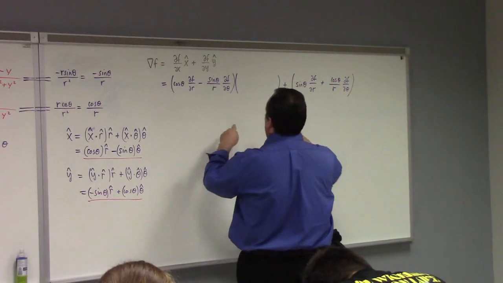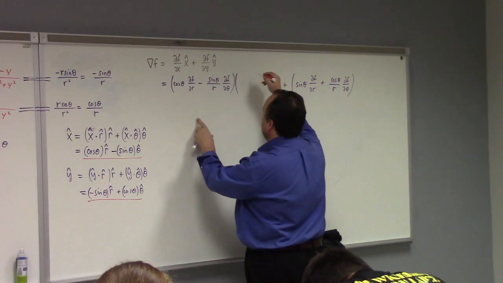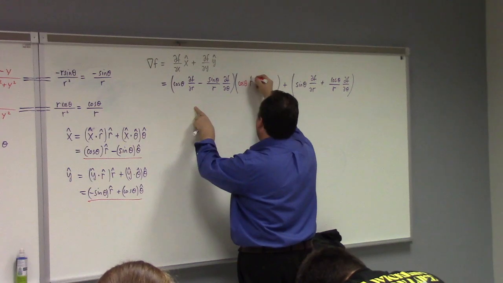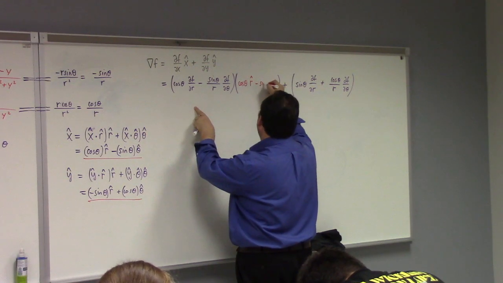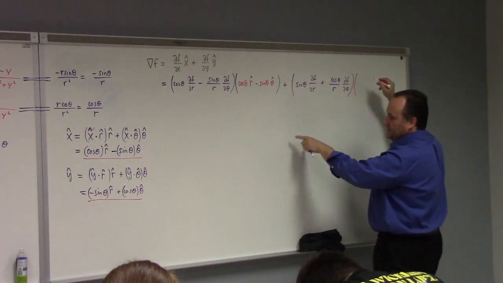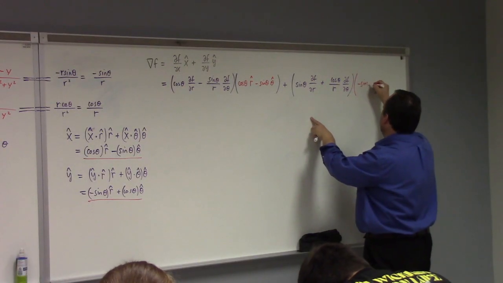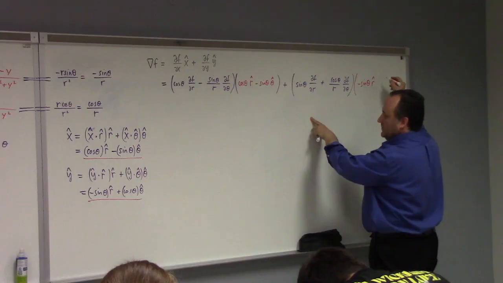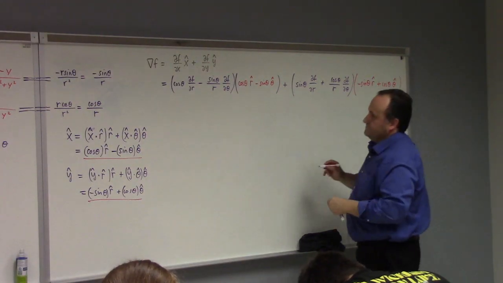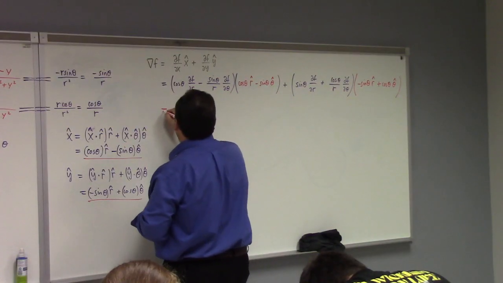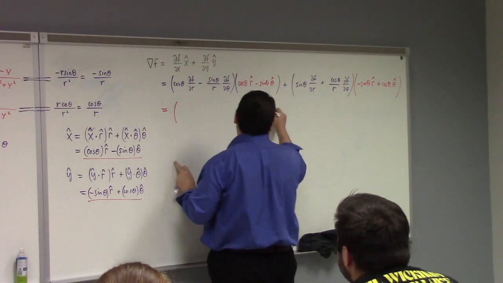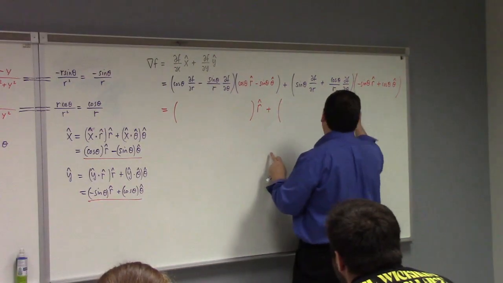So x hat is cosine theta r hat minus sine theta theta hat, and y hat is sine theta r hat plus cosine theta theta hat. So I'll put everything down here: there's an r hat, and then everything else from the theta hat.